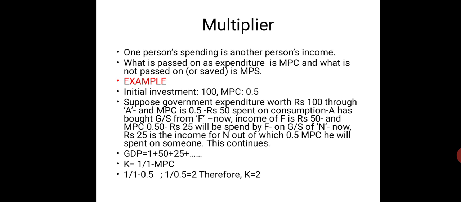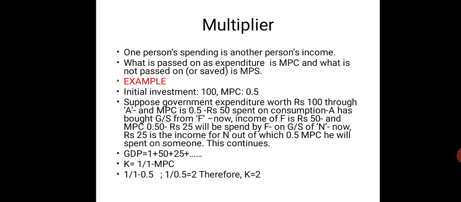Another assumption of the multiplier is that what is passed on as expenditure is MPC, and what is not passed on, or what is saved, is MPS. Our expenditure on goods and services is considered to be MPC, and the leakage from this circular flow of income is considered to be what is saved.